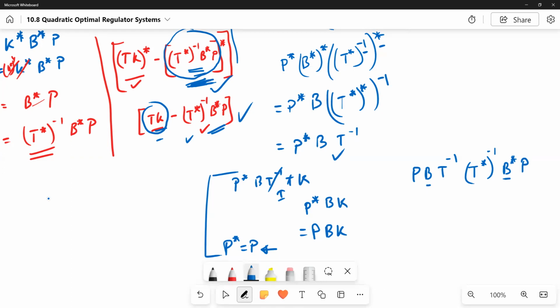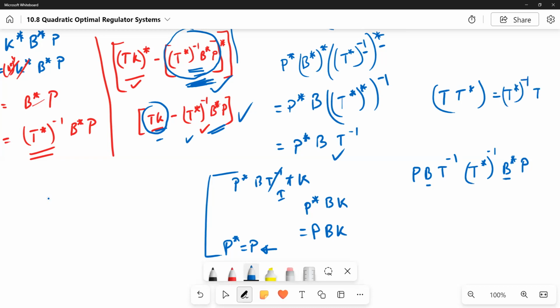So now what you can do here is take the common inverse in the reverse order. So basically, if you have T inverse and T star inverse, then it will be T star inverse in reverse order.